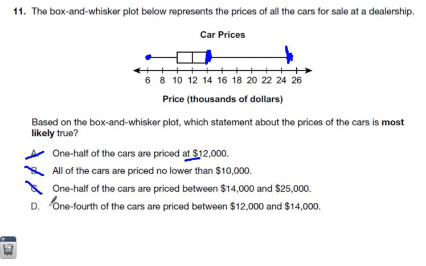So it's not C. So it better be D. 1/4 of the cars are priced between 12,000 and 14,000. So yes, that is accurate, because between the median and the upper median, that is about 1/4, if not exactly 1/4. It's at least about 1/4.